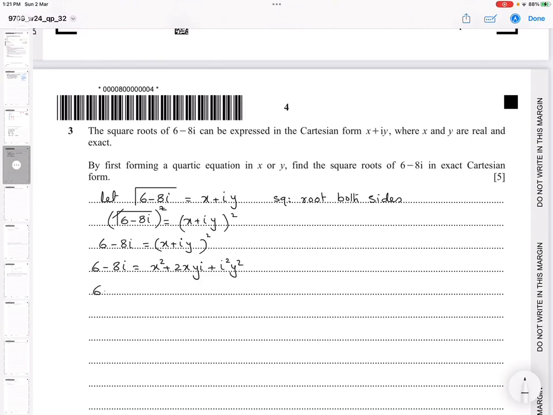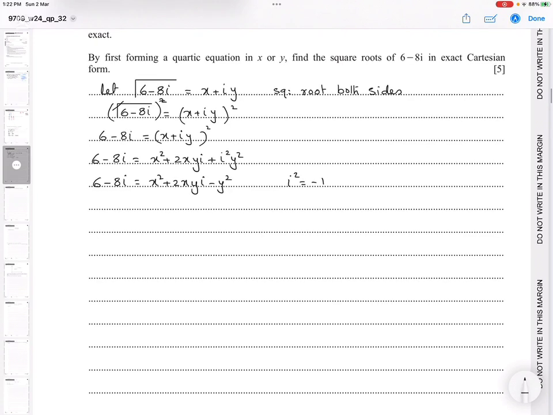So this further becomes 6 minus 8i equals x squared plus 2xyi minus y squared, because as we know i squared equals -1. So 6 minus 8i is equal to, you collect x squared and y squared together, because these are the real part, and separate the imaginary part, so it becomes 2xyi.